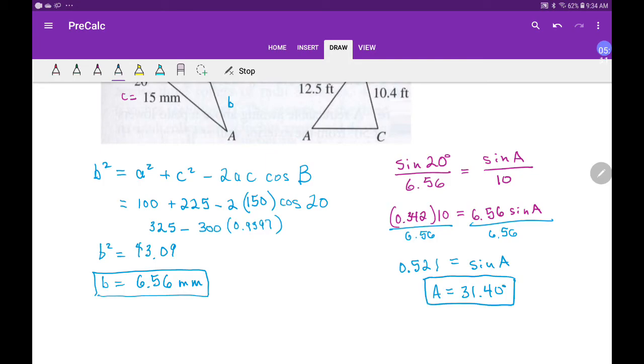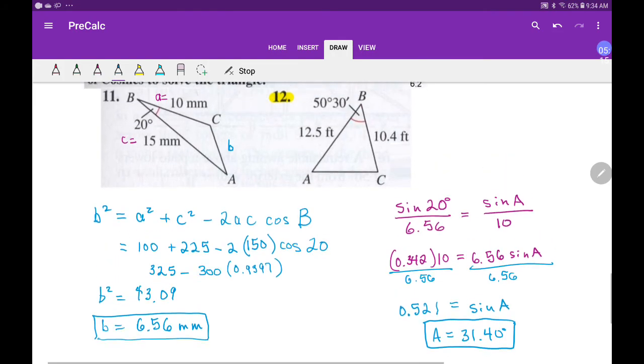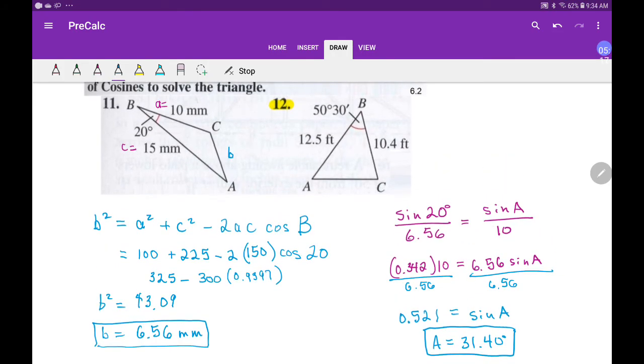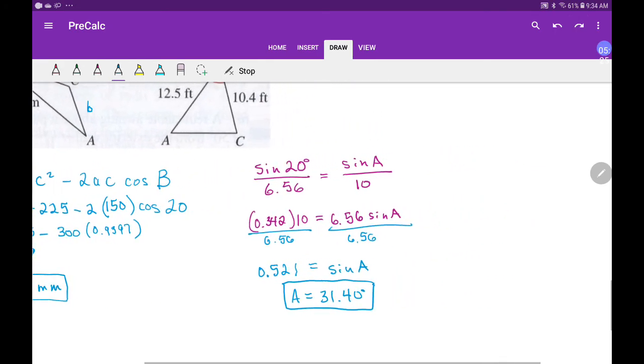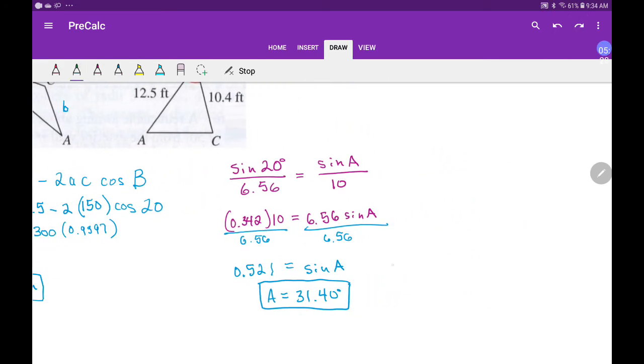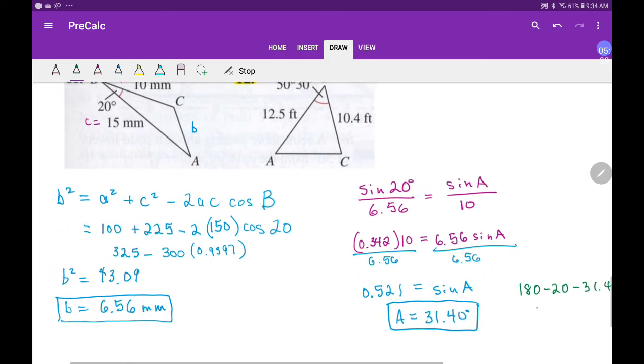Alright, and I add that to 20, and I get 51, and I'm going to subtract that from 180. That doesn't look like it follows, so let's do it over here. 180 minus 20 minus 31, and that angle, which one is it?